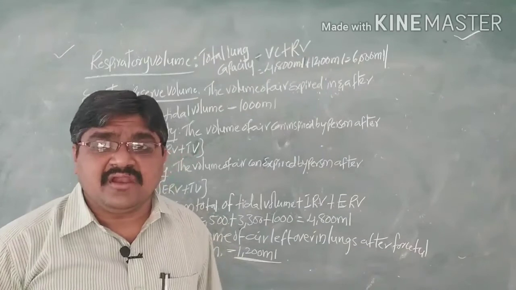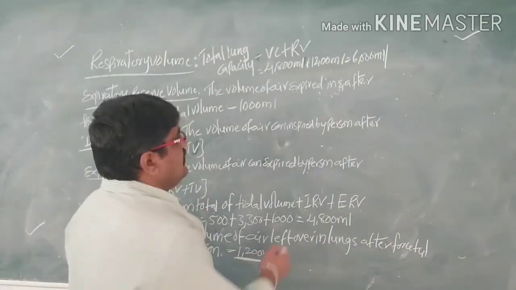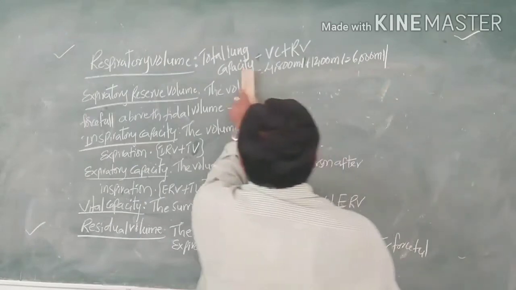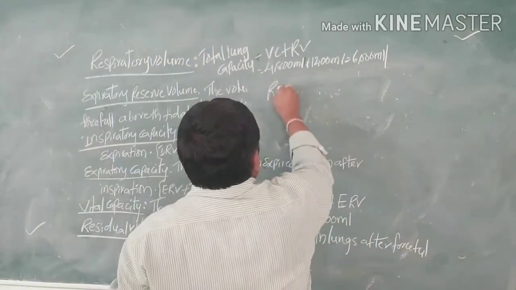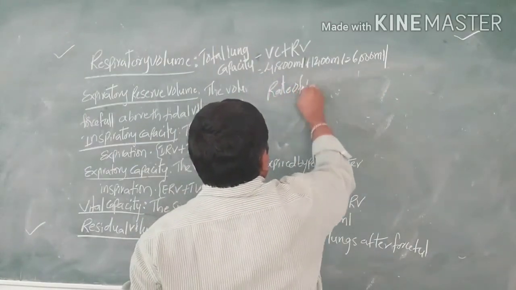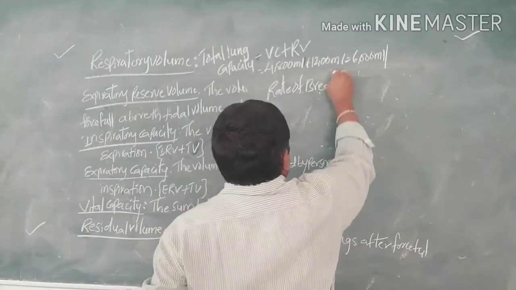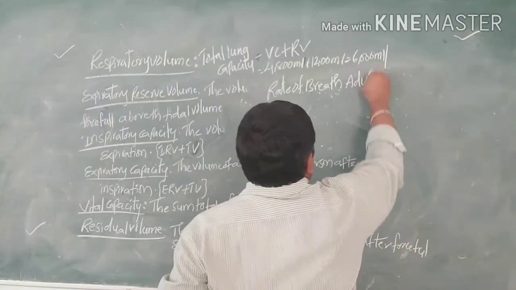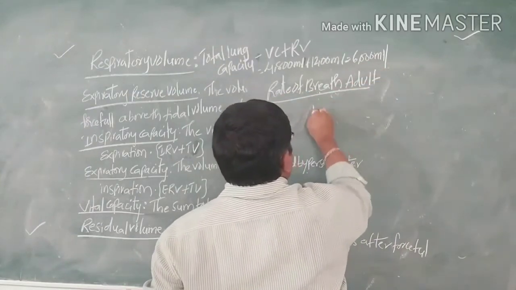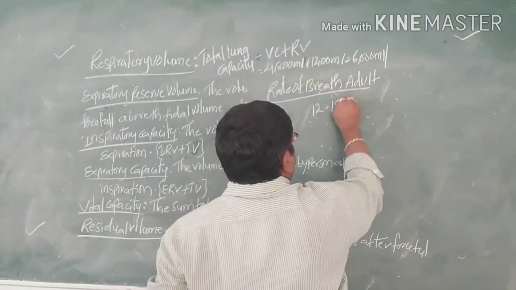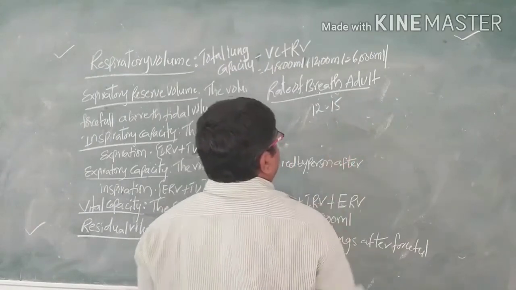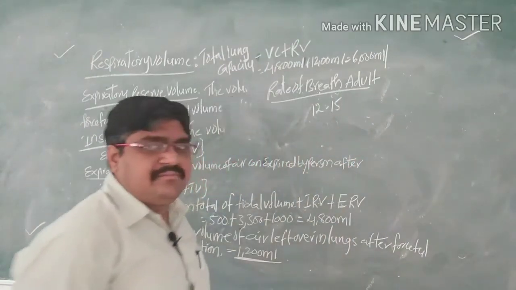Now the rate of breathing. Normally in adults, the rate of breathing is 12 to 15 breaths per minute, that is, 12 to 15 times per minute.